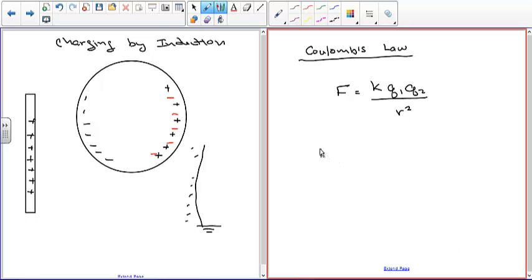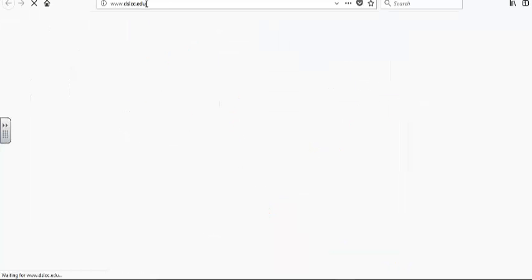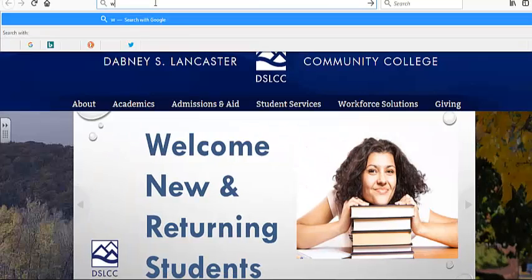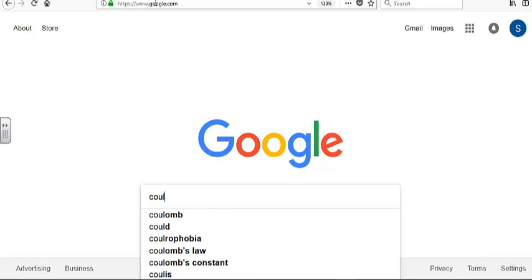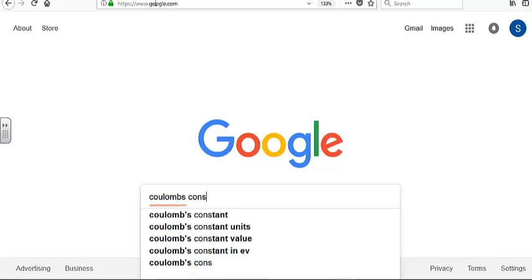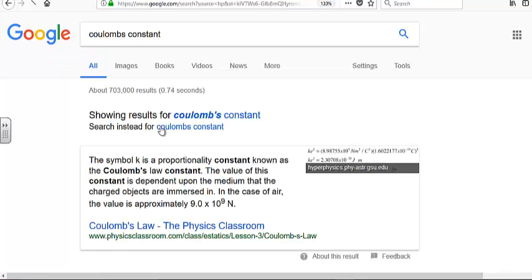And Coulomb's constant is 8.99 times 10 to the, I think it's minus ninth. No. What is Coulomb's constant? I forgot. I'll look it up. Might be 10 to the ninth. Ten to the ninth.